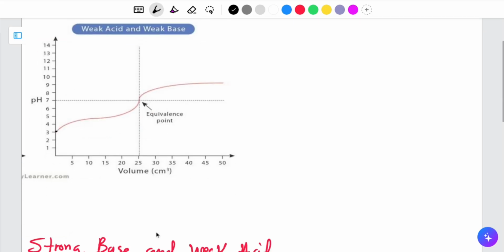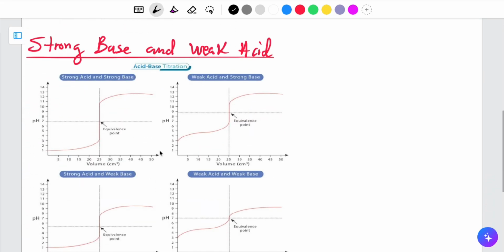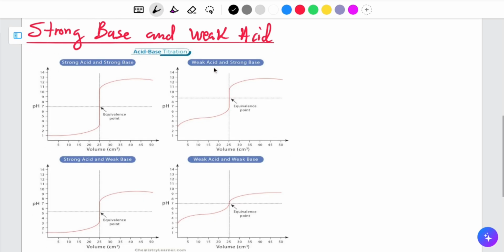So let's see the next one. This one is for the strong base and the weak acid. It is this one here. Of course this one is starting from 3, the way the weak acid and the weak base is starting from 3.